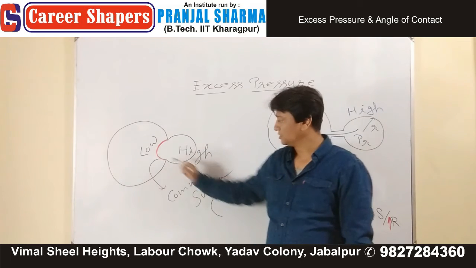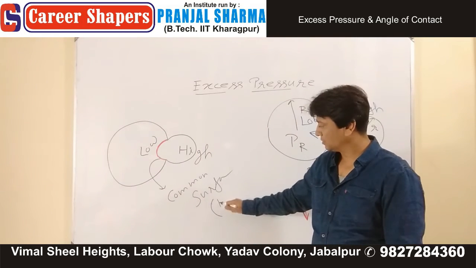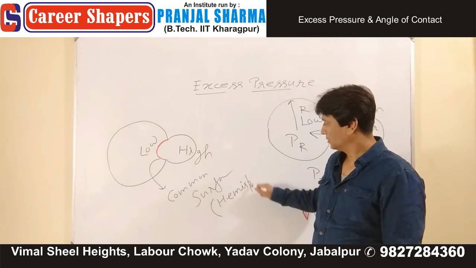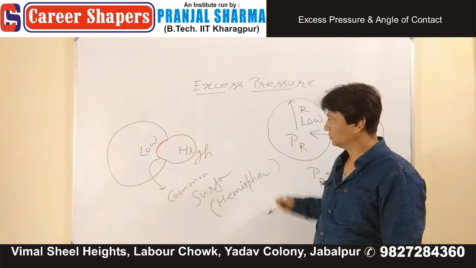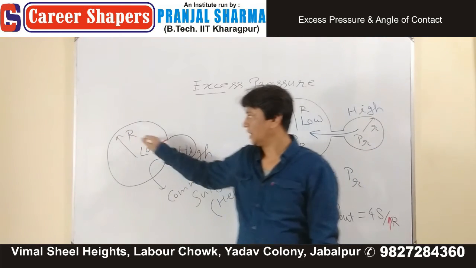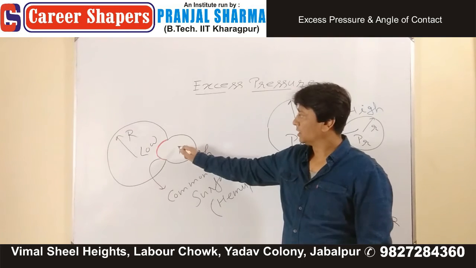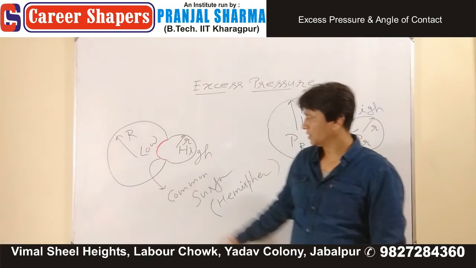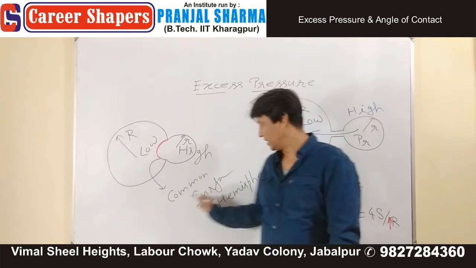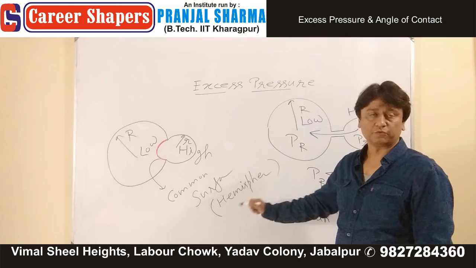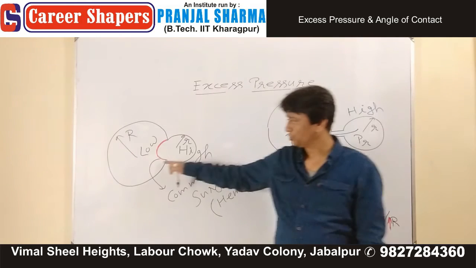Assuming this common surface to be a hemisphere, if radius of the larger one is R, radius of the smaller one is small r, then find out radius of the common surface, which is radius of the hemisphere shown in red.